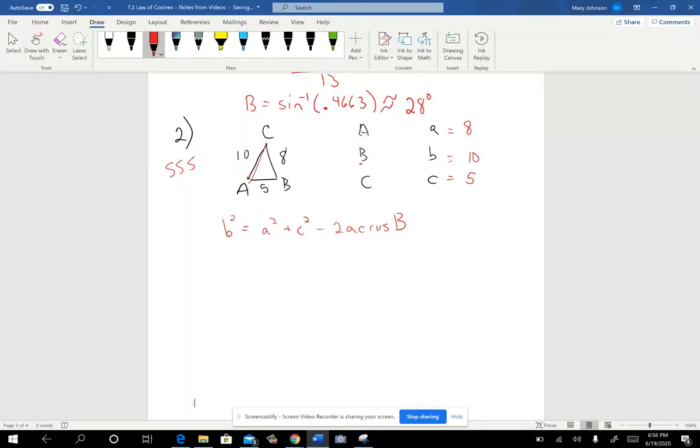All right, but when I plug in everything that I know, B is 10, A is 8, C is 5. The unknown isn't one of the sides.